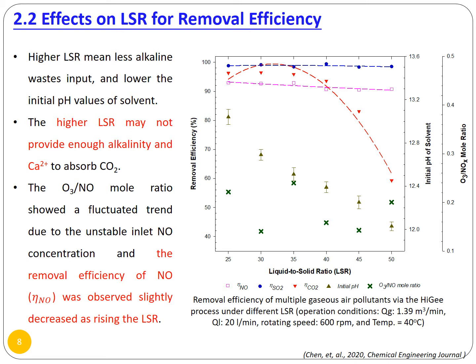On the other hand, the ozone over nitrogen oxide molar ratio shows a fluctuating trend because in our research the inlet NO concentration was unstable, and the removal efficiency of NO was observed to slightly decrease as the LSR was raised. The removal ratio of SO2 remains 99% at different LSR.